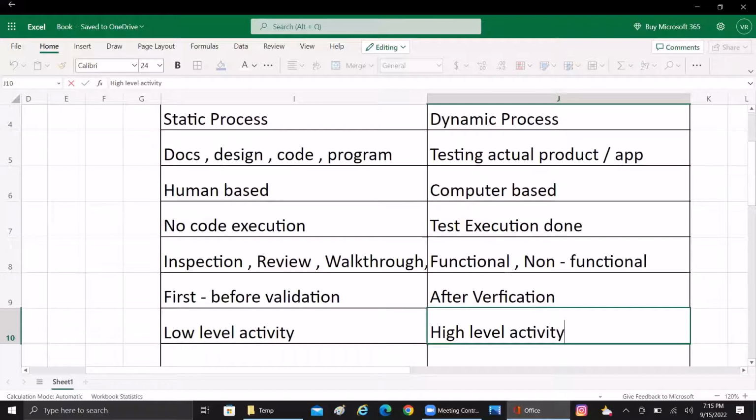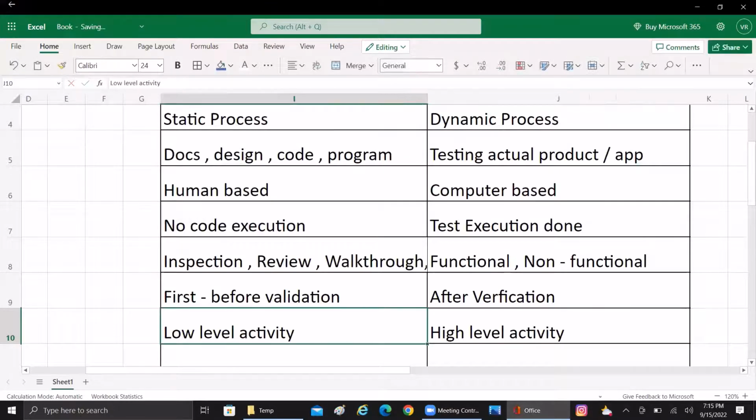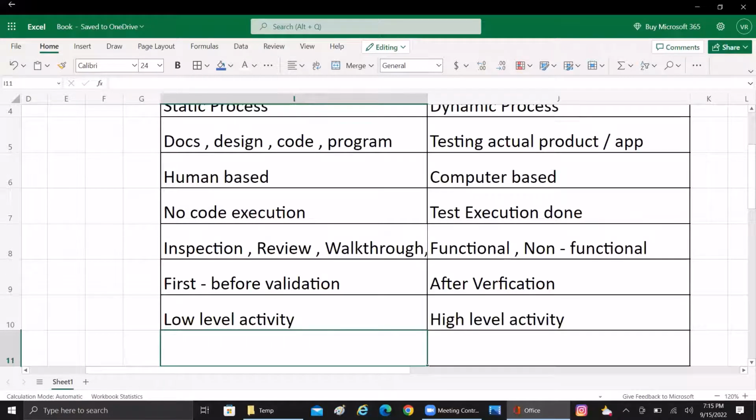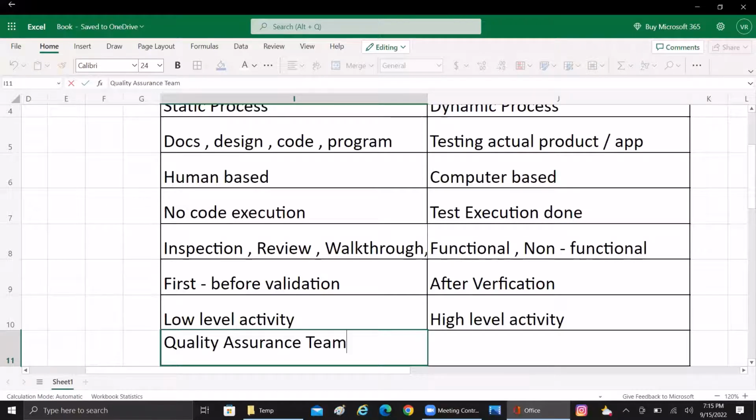And what else then? So we saw what comes first. Then who will perform? That is very important. Verification is always done by the quality assurance team. The quality assurance team will check the quality of the code being developed. They will perform the inspection and the review walkthroughs.